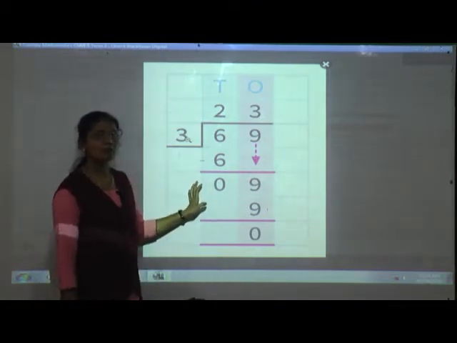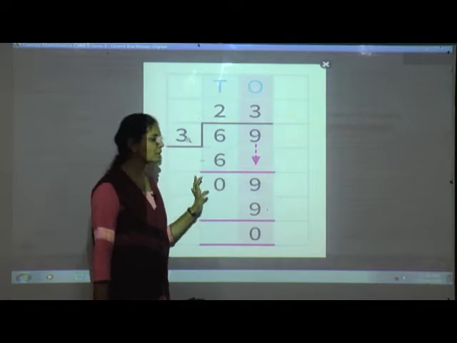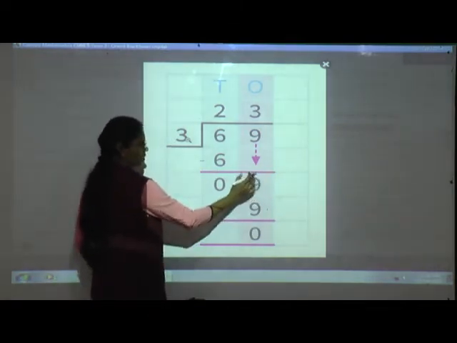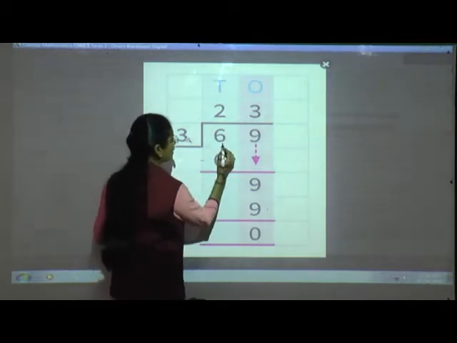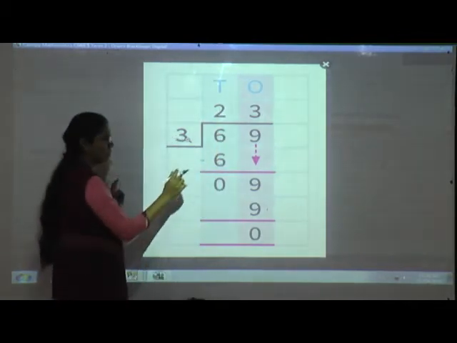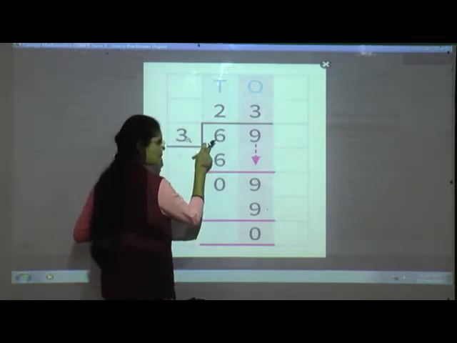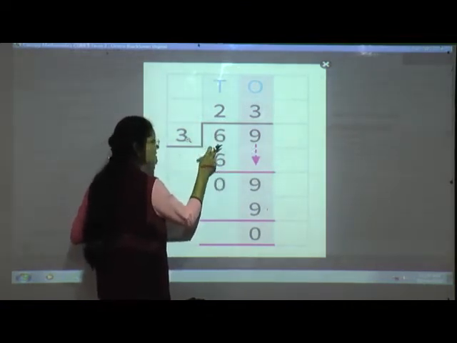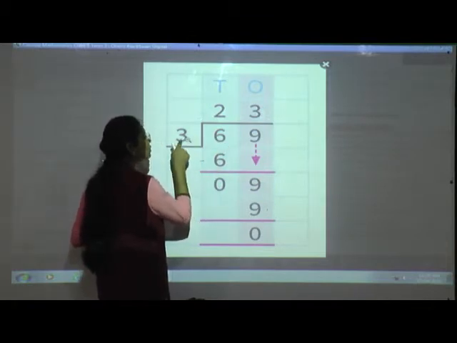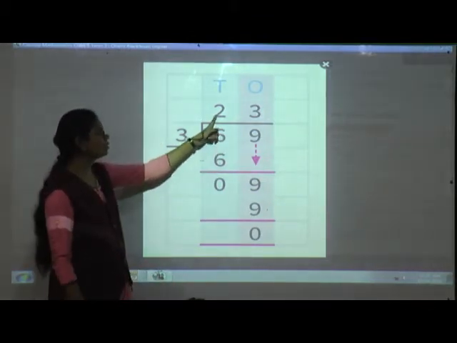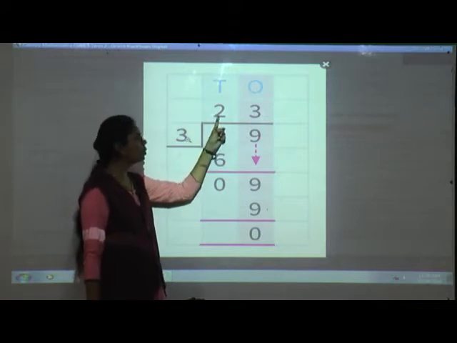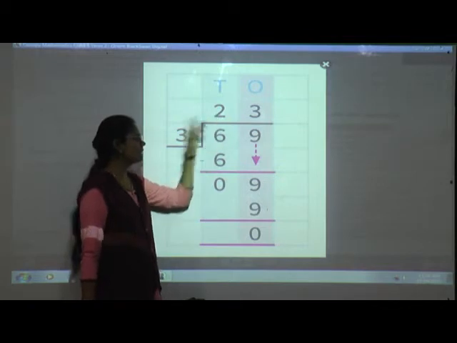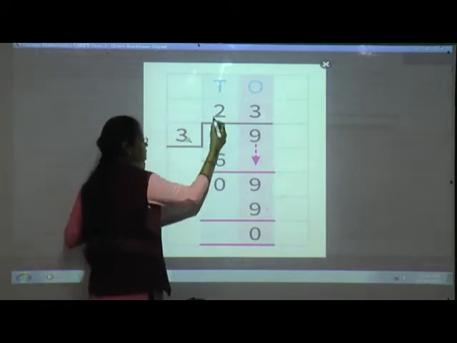Now what did we do in the first step? We started from the left side. Here 6 tens are there, so we started from the tens place. In 6 there are 2 3's, so we wrote 2 at tens place, because 3 2's are 6.